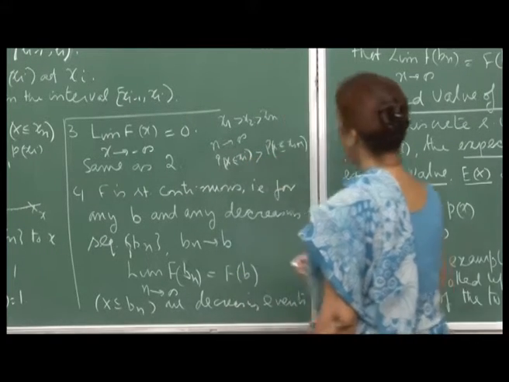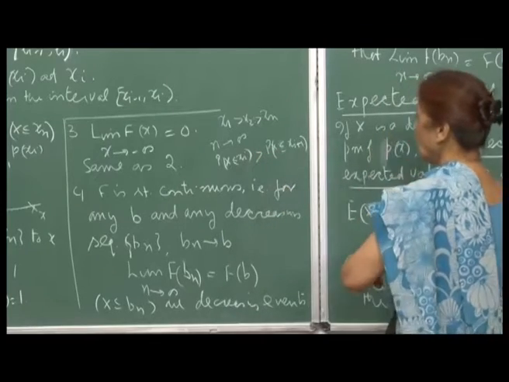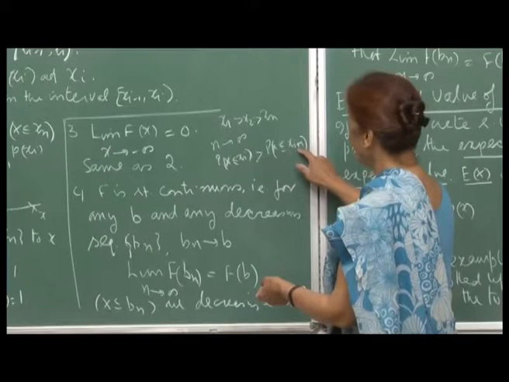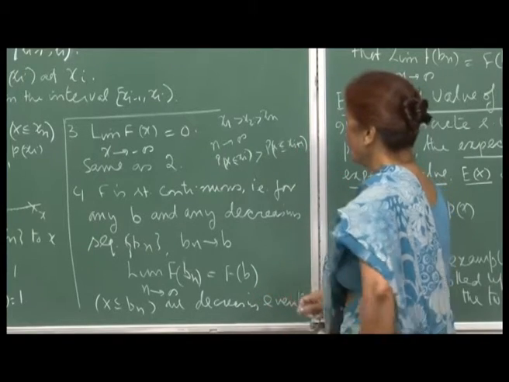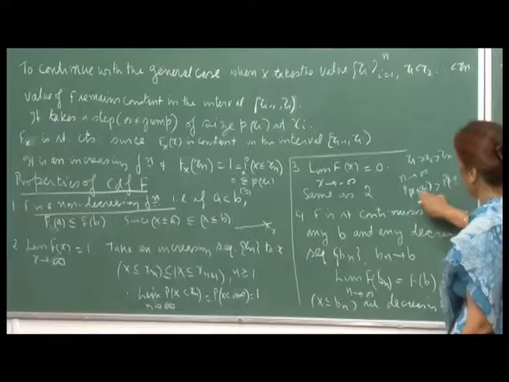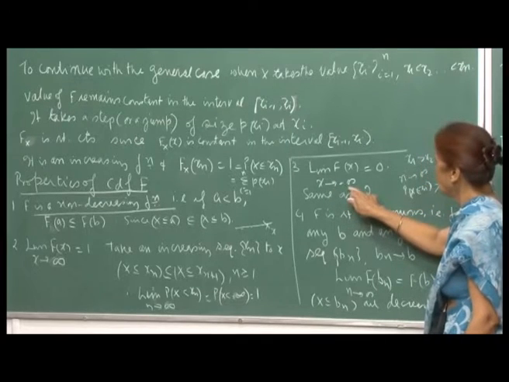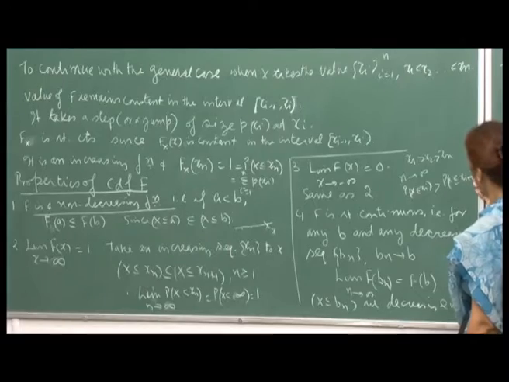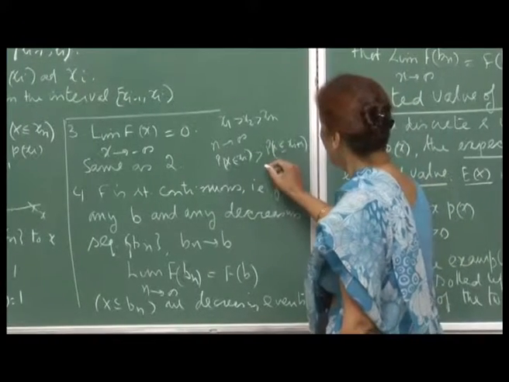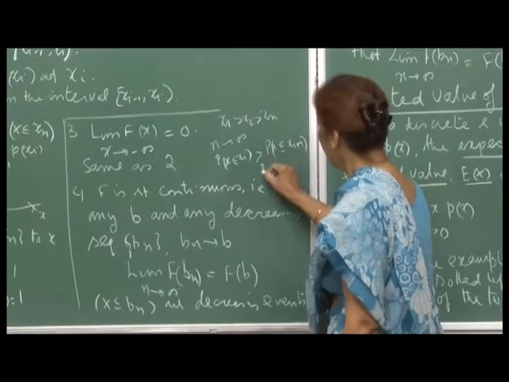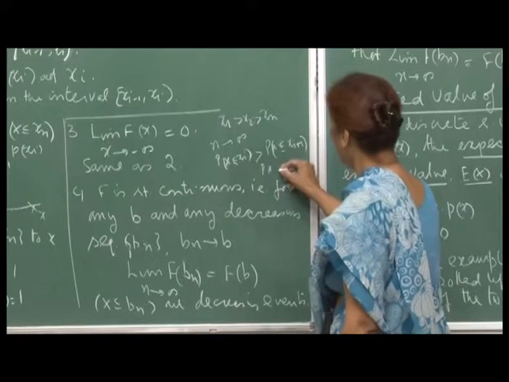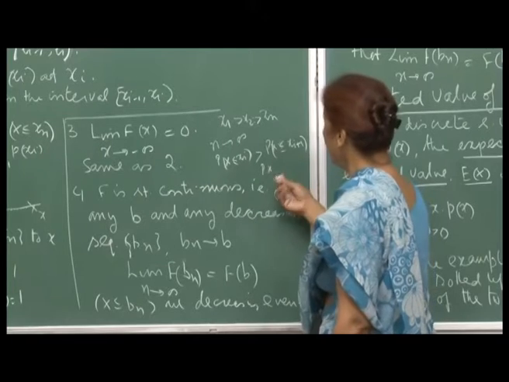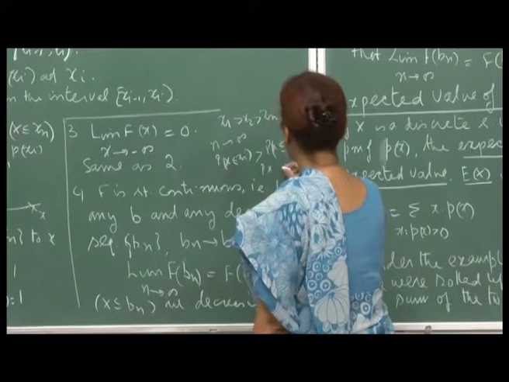Just reverse the argument, and as you go on, there will be nothing common as n goes to infinity, because I am saying x goes to minus infinity. So this will finally converge to the probability of X being in the empty set. The symbol you have to use is that X is empty.